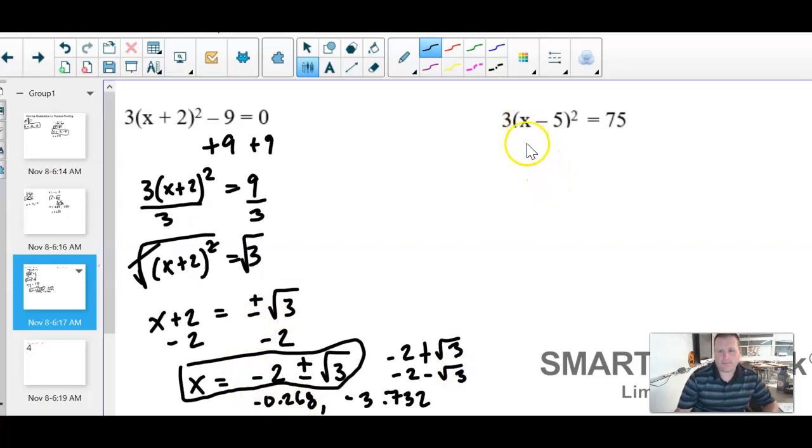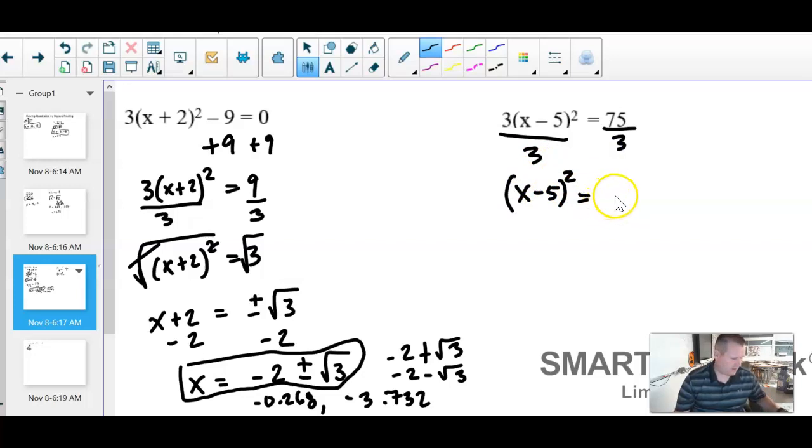Okay, this one to the right, if we do that one, this one's nice. I just need to move the 3 first. So I'm going to divide that by 3, and that will give me x minus 5 squared, and then that is equal to 25. Sorry, 25, my bad.